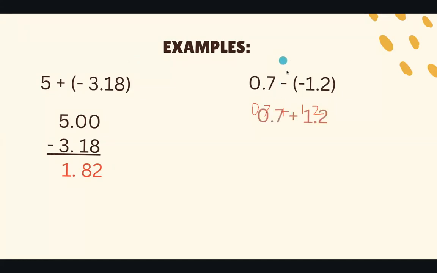Place the decimal point vertically. So that is now 0.7 plus 1.2. 7 plus 2 is 9. 0 plus 1 is 1. Then bring down the decimal point, or just place it below the decimal point. So the answer now is 1.9.